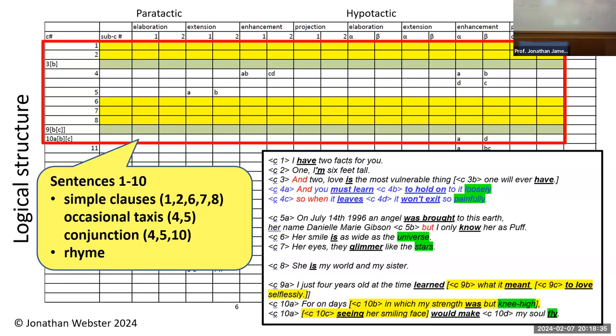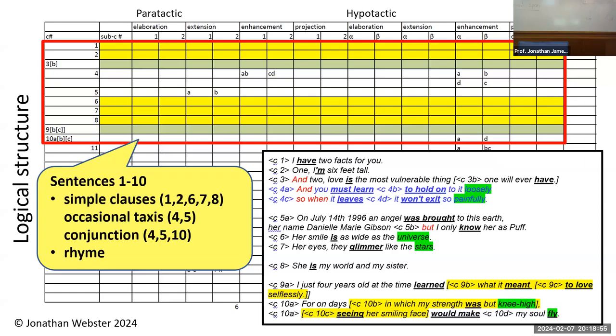Now, leading up to that but, do we see anything common about these? We notice a number of simple clauses. We have occasional taxes, meaning parataxes, hypotaxes, mainly parataxes. We have conjunction, and we have some rhyme.